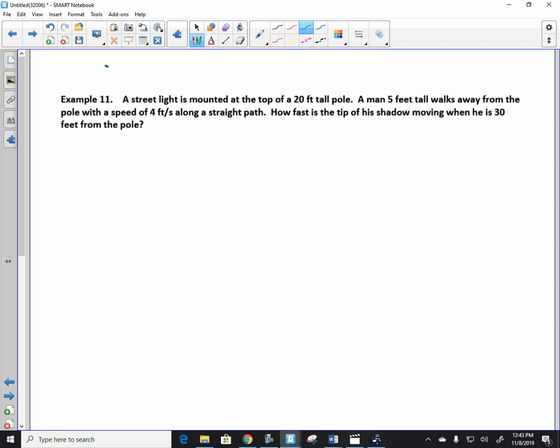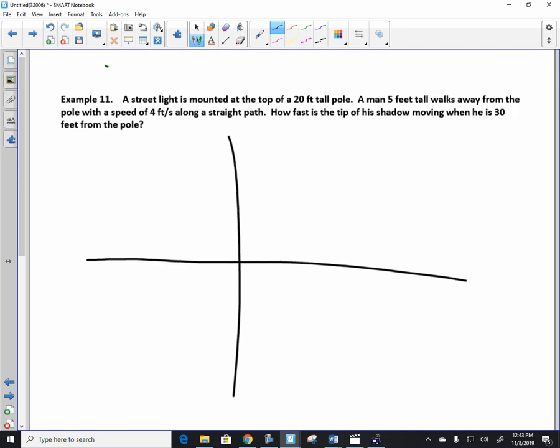Okay, last example. A street light is mounted on top of a 20-foot pole. This is nowhere near as difficult as what we just did. A man is 5 feet tall.